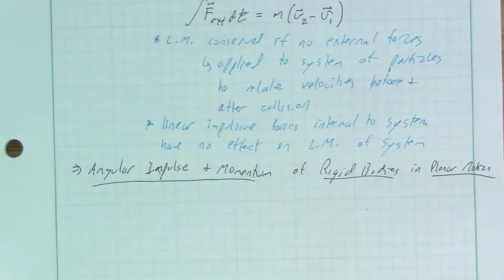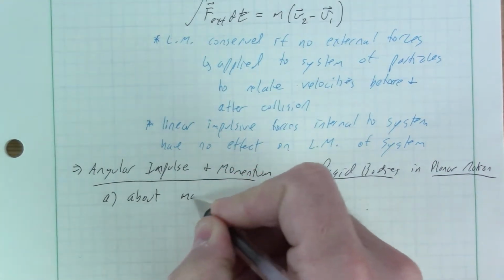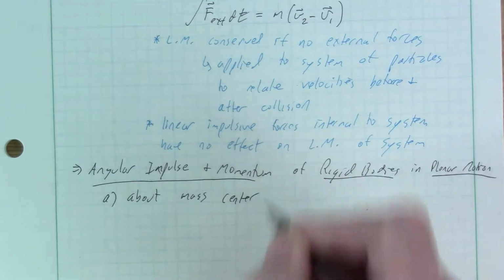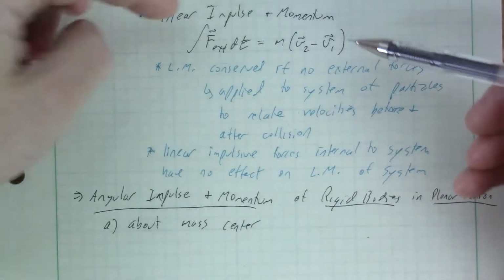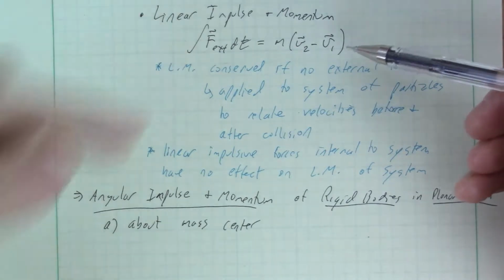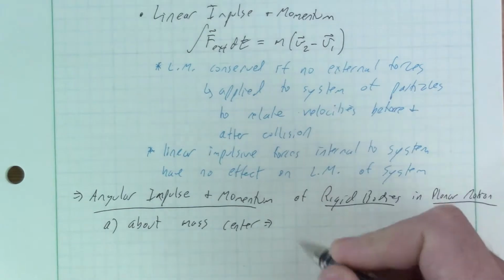So we can choose a plane on which points rotate about. If we analyze about the mass center, then the extension of our impulse momentum relationship to angular is very similar.